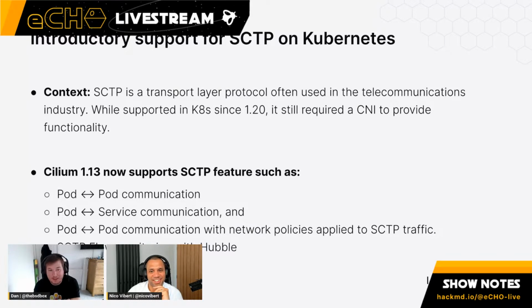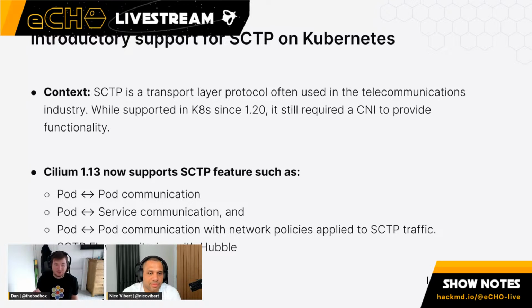Yeah, I'll quickly go over it again. So SCTP is a protocol that not a lot of people talk about, but it really is an interesting almost stopgap between UDP and TCP.